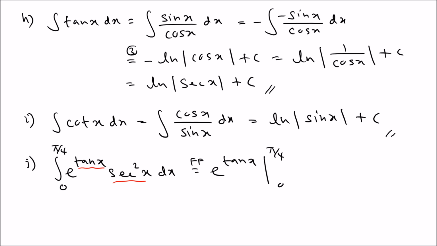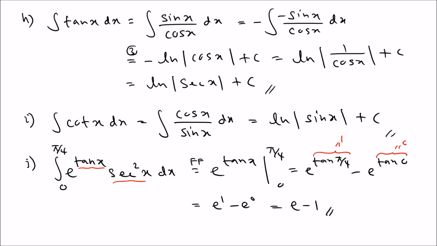So it is e to the tan pi over 4 minus e to the tan 0. Tan pi over 4 is 1, and tan 0 is 0. So you get e to the 1 minus e to the 0, which is e minus 1. That's what you get.